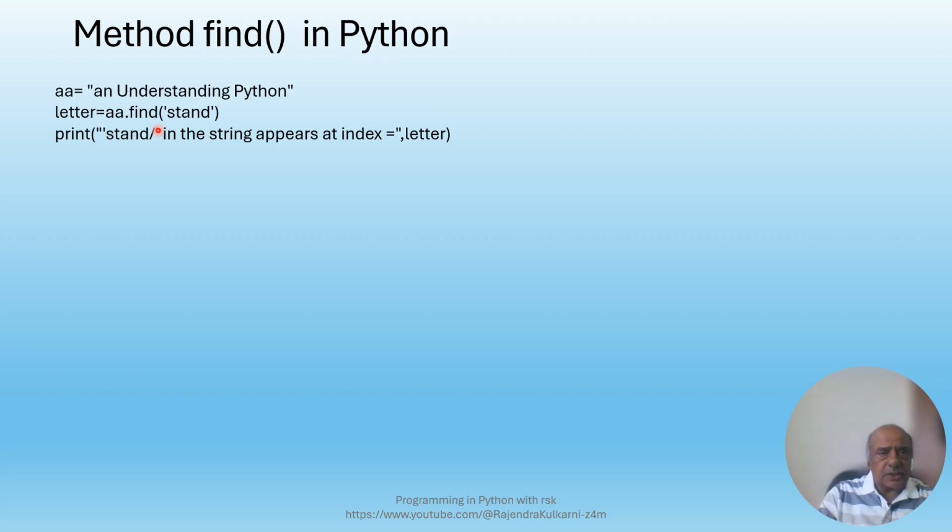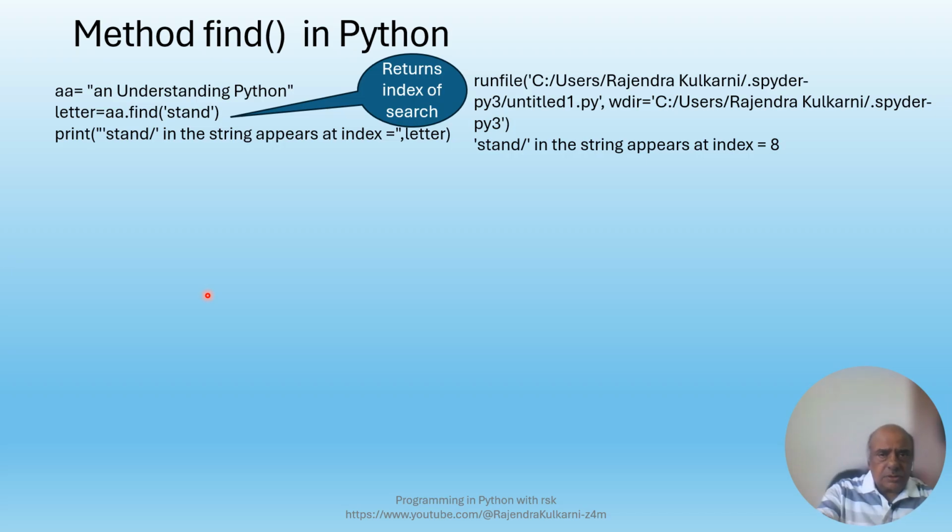What we are trying to do is a dot find stand. This find method returns the index of the search. So what we get as output: stand in the string appears at index 8. You can find out S is at index number 8 of this string.